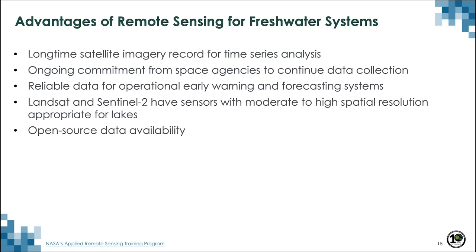MODIS also since 1999, VIIRS then, and then Sentinel-2 and 3 MSI and OLCI. So there is an ongoing commitment from space agencies to continue data collection. More and more missions and improved missions with better observing capability are planned. Reliable data for operational early warning and forecasting systems.